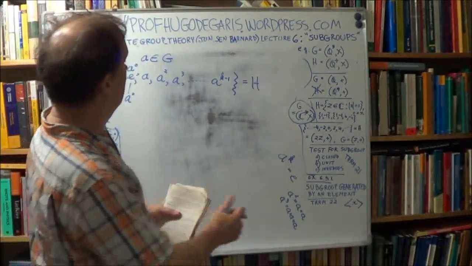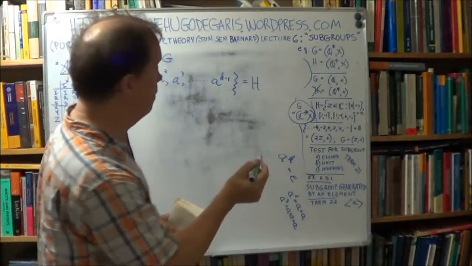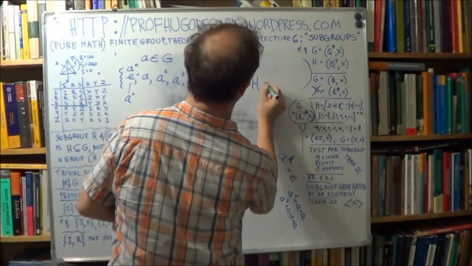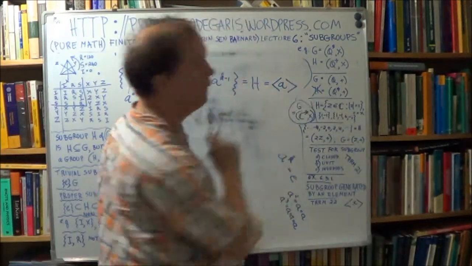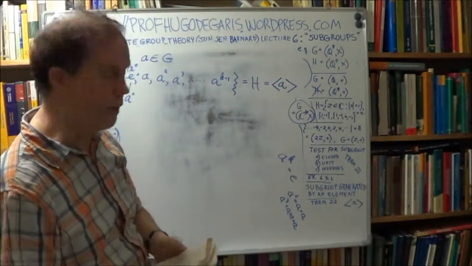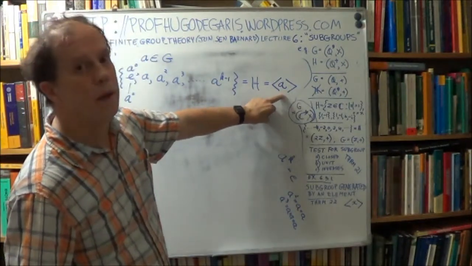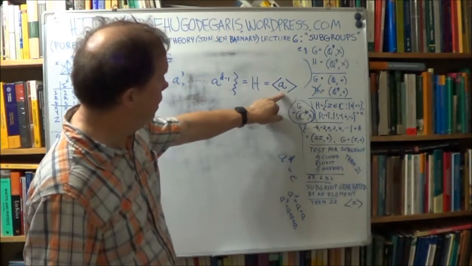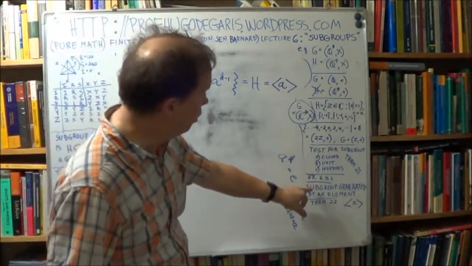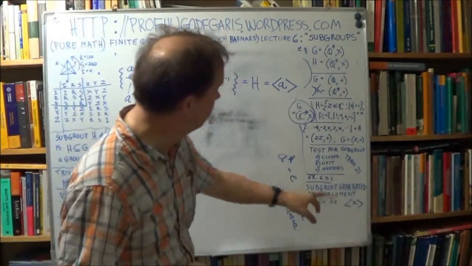Okay? Now, this is so well known in group theory. It has its own special symbol, and it's this one. It's written like this, with angular brackets. So if you see this symbol in finite group theory, it's the, well, we haven't proved it yet, but it's referred to as the subgroup.